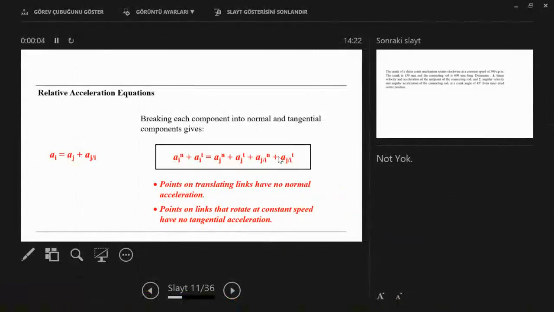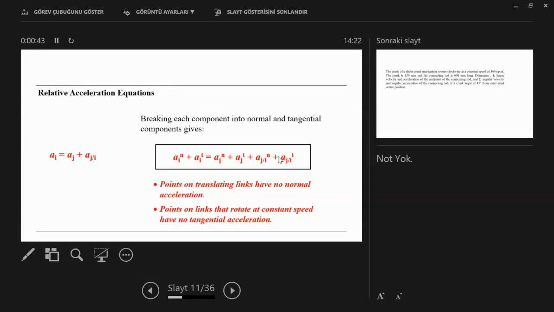Normally we know A, because A is the point on the crank, and the motion of the crank must be known. This is the driver. Since we know the motion of A, we have to calculate the velocity of B. VB is equal to VA, we know A, plus the relative B about A. That means B is turning about the point A. So this is the main way of thinking.